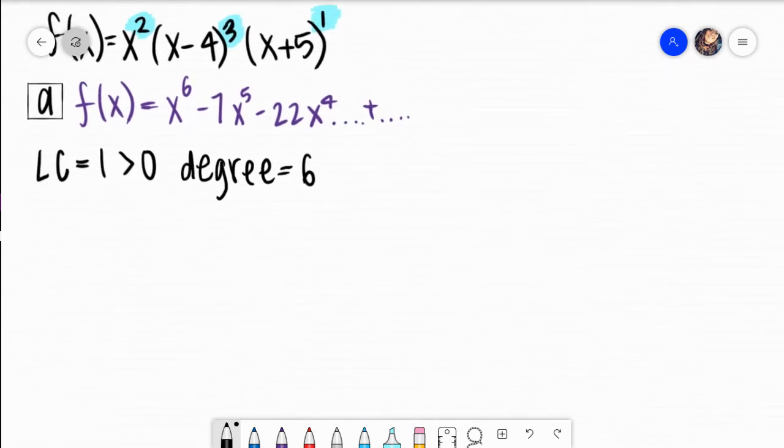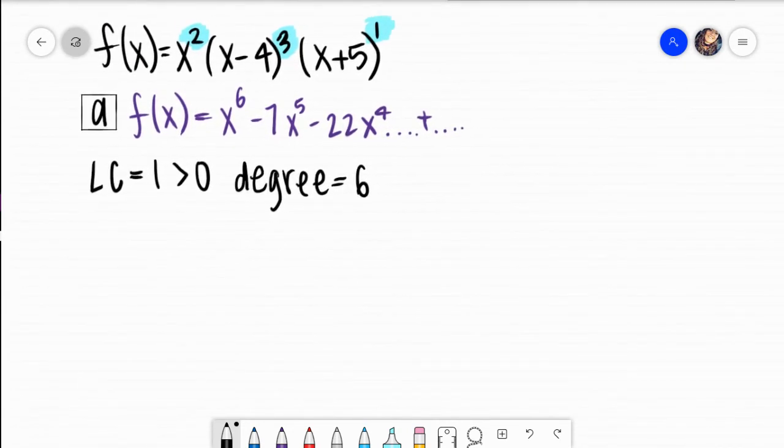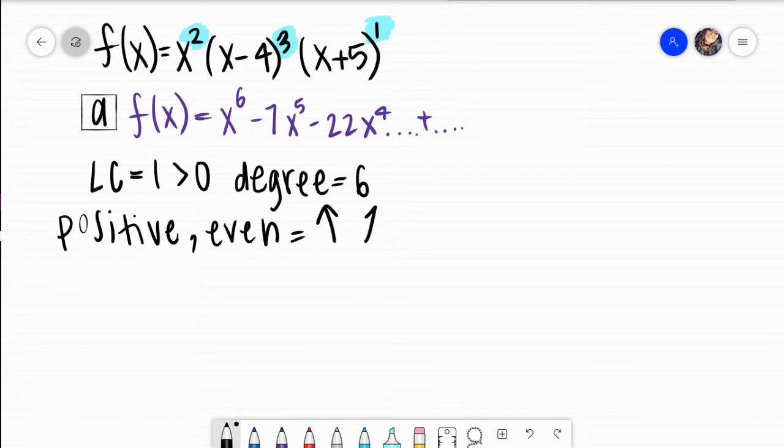Well, what I get from this is that I have a positive leading coefficient and I have an even degree, which means it's going to rise to the left and rise to the right. That is the end behavior for my graph.